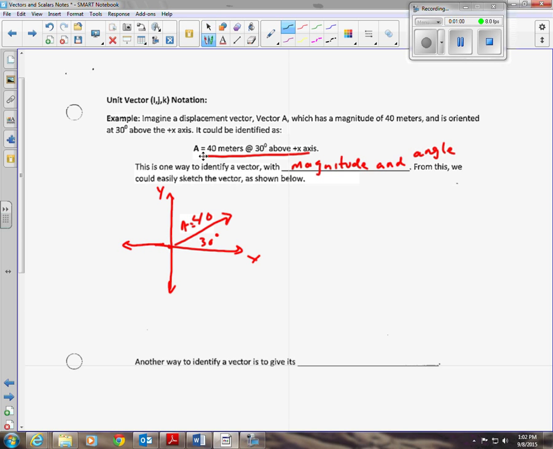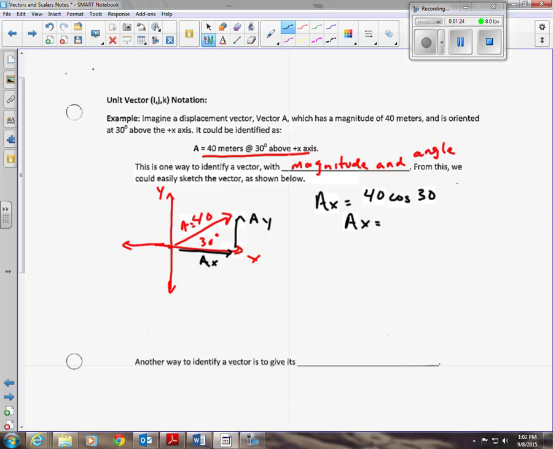Now, when I look at this, this also has unique x and y components. This is ax, this is ay, and we know we can use sine and cosine to find them. So ax is the adjacent side, so I'm going to use cosine. So it's going to be 40 times the cosine of 30.